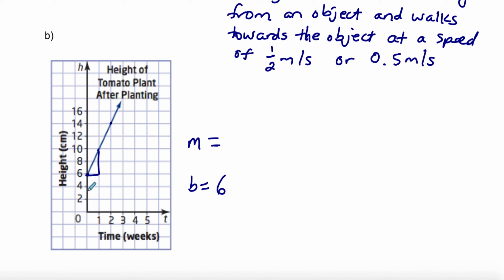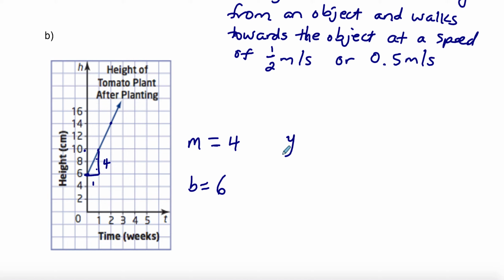This counts for 1. What do these 2 squares count for? These squares are being counted by 2. We're going up by 2, 4, 6, 8. So this doesn't just count for 2, the rise, it's actually 4. 2 spaces from 6 to 10, that is a difference of 4. So our slope would be 4 over 1 or just 4.